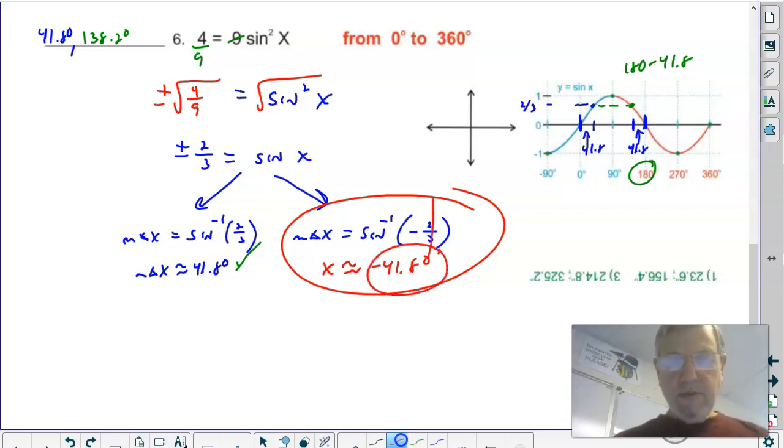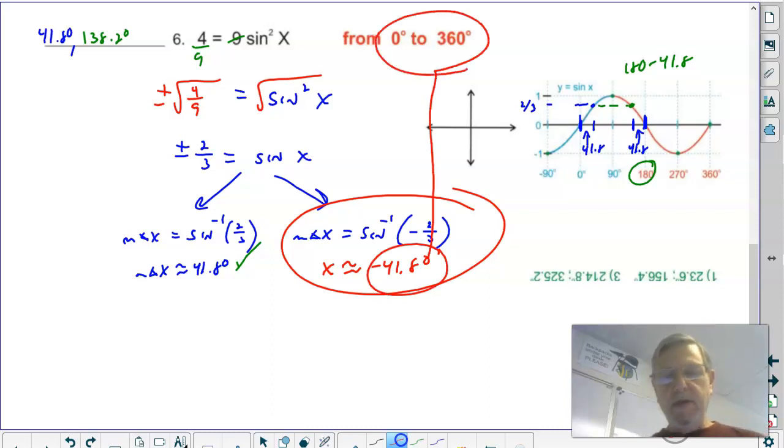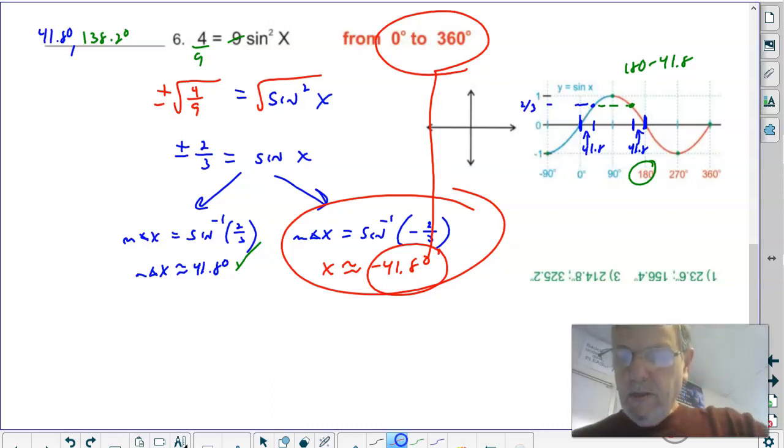Now again, notice we are not within our prescribed domain. So you have to understand, go back to the drawing, right here is the gap of the negative 41.8. It's in this gap right in here.